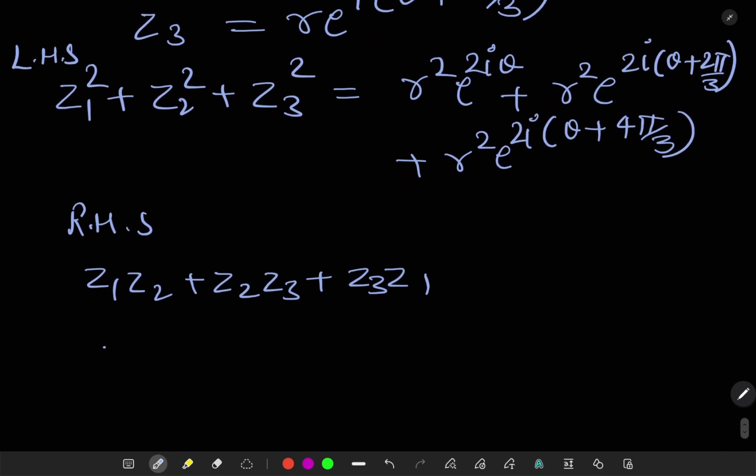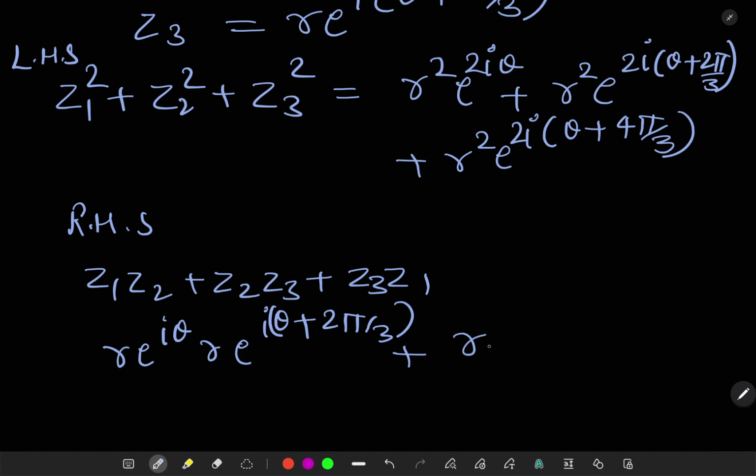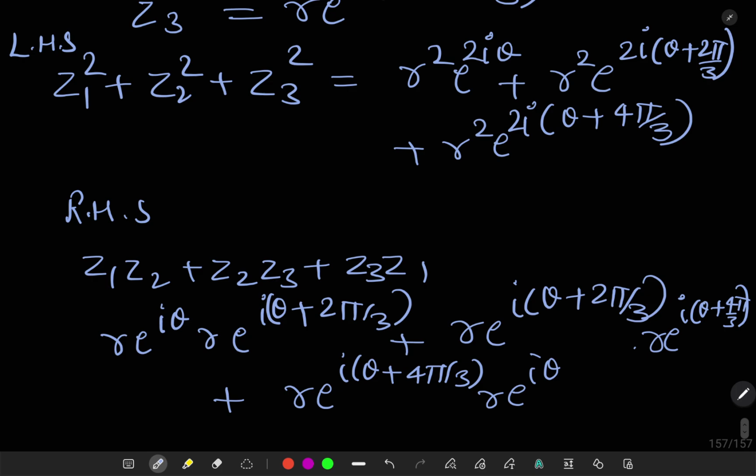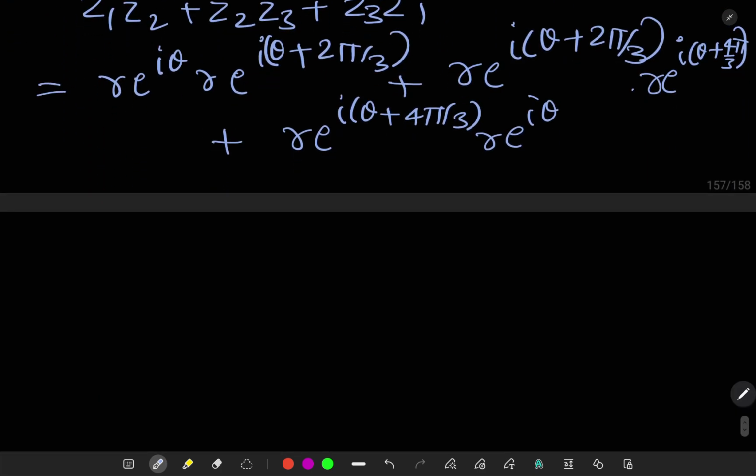Here z1 is r into e raised to power iota theta and z2 is r into e raised to power iota theta plus 2 pi by 3, plus z2 into z3, where z3 is r into e raised to power iota theta plus 4 pi by 3, plus r into e raised to power iota theta plus 4 pi by 3 into r into e raised to power iota theta.